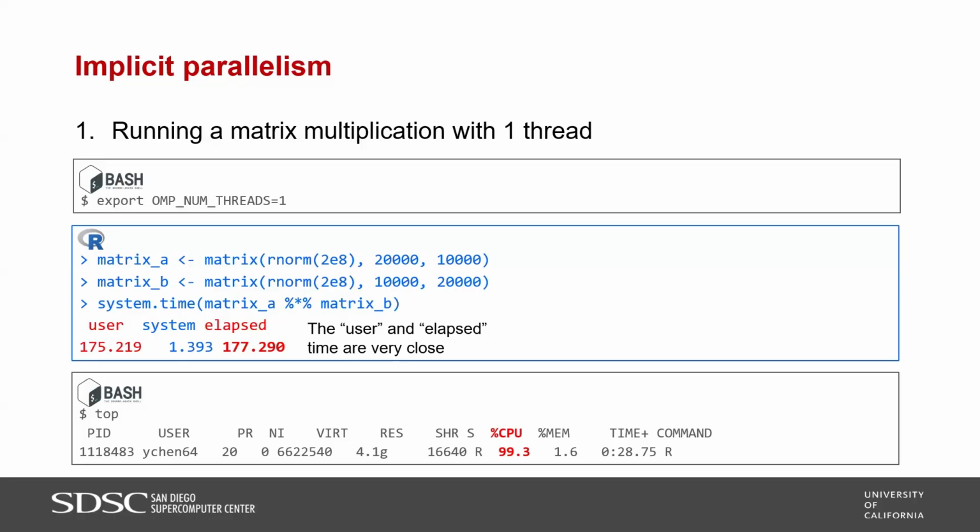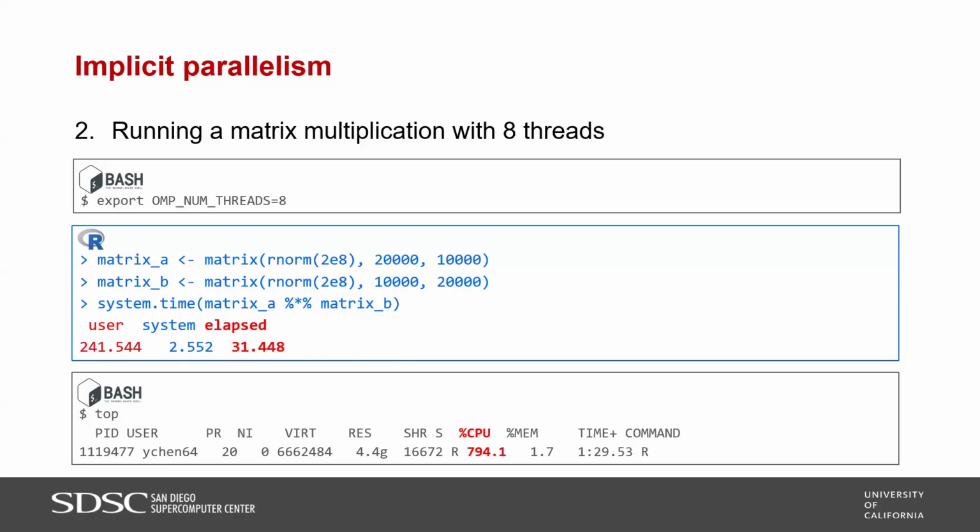That means we are running one thread with that R process. Okay, so if you are using eight threads for the same matrix multiplication, the result shows that it took a much shorter time, and it only took 31 seconds. And also you can notice that the elapsed time and the user time are very different.